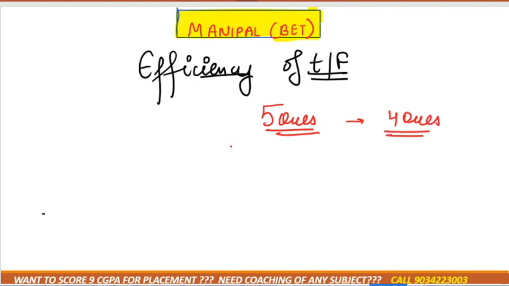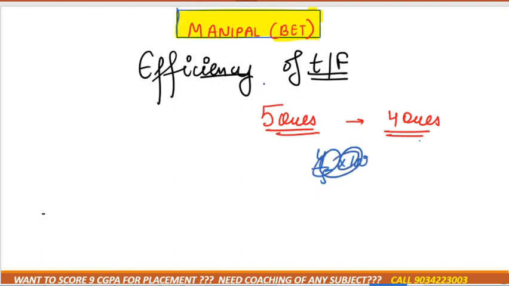How much would your efficiency be in that case? Efficiency 80%. So how did you calculate? 4 by 5 into 100, or 5 by 4? 4 by 5 into 100, then only you will get 80%, right?